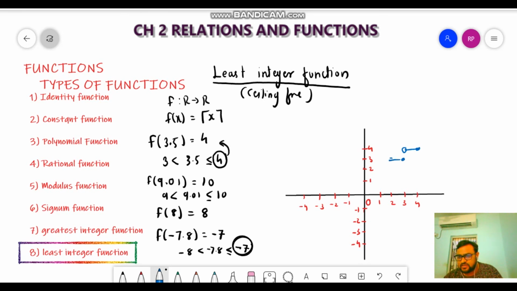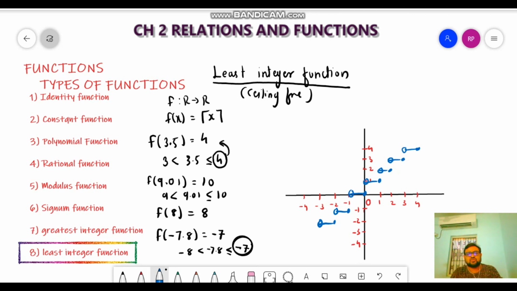So this will be the graph, and so on. So in the least integer function, the hollow circle will be on the left and the solid circle will be on the right. So this was about the least integer function.